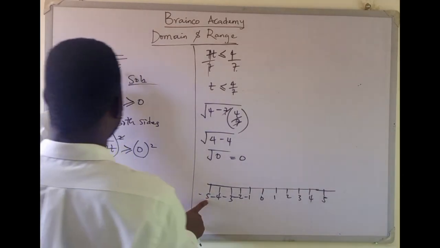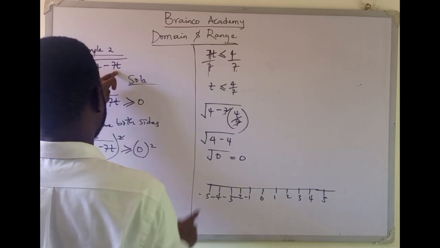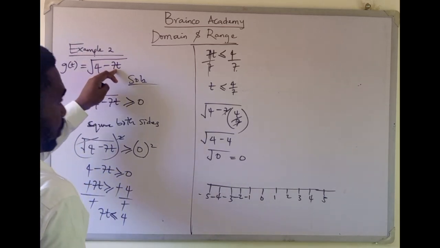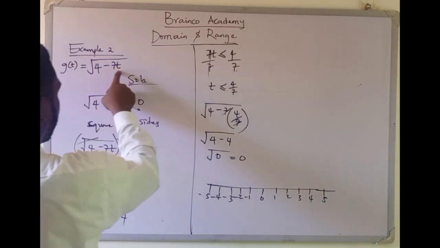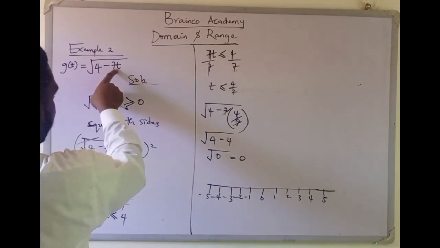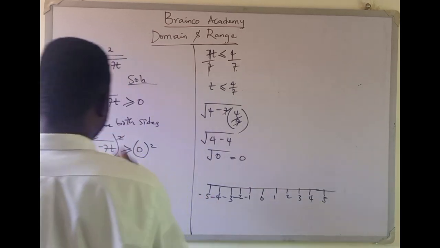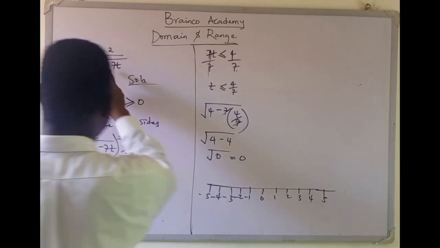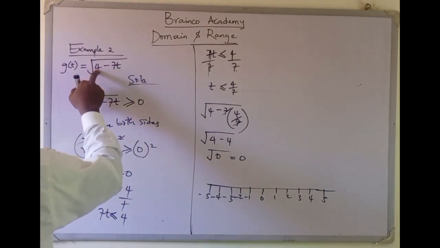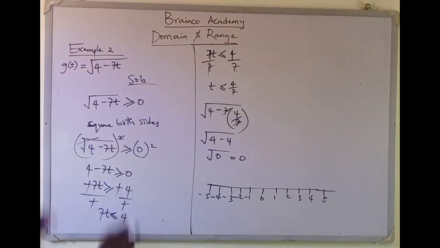a minus 5 here, if you put a minus 5 here, you should have a number. So if you put minus 5 here, you have minus 7 times minus 5, you have plus 35. So if you have plus 35 plus 4, you can get the square root of that number, 35 plus 4.